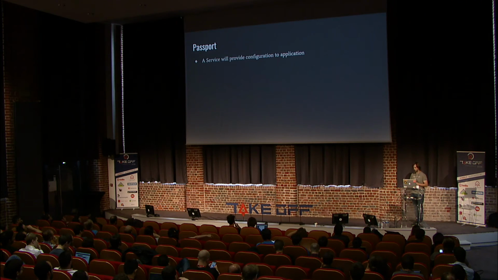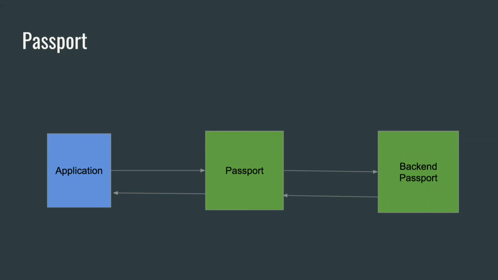So what we decided to do is, we have a brick called Passport, which provides our authentication. Now it will also provide the configuration to the application. Basically, our application asks Passport for its configuration.